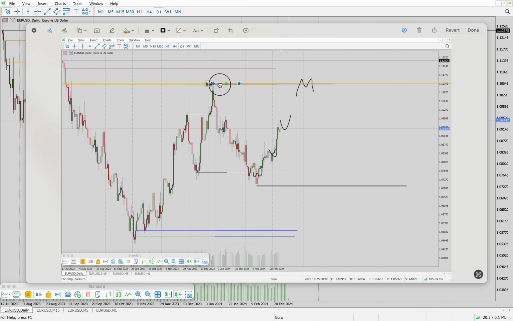Right? Why did I paint it out here? I like the opens and the closes of candles.